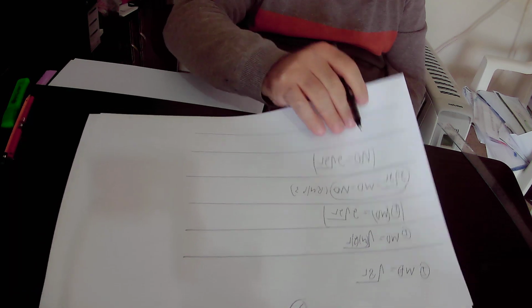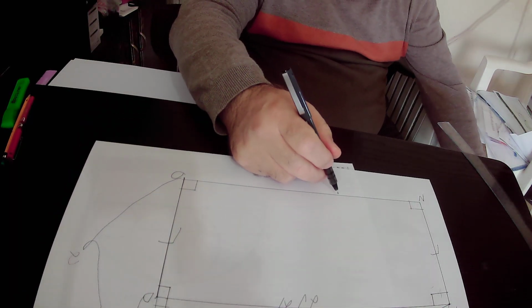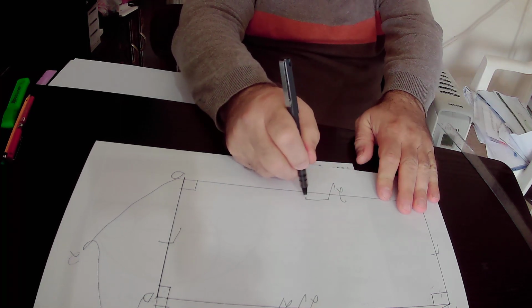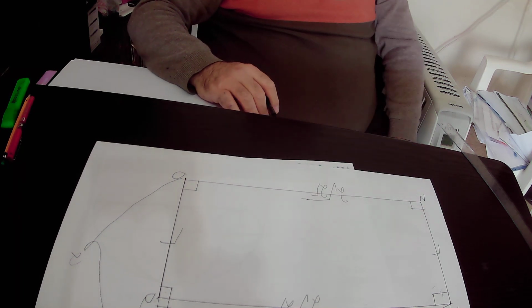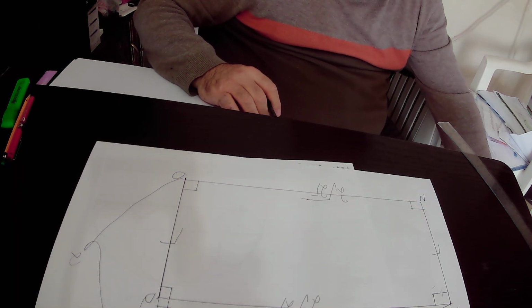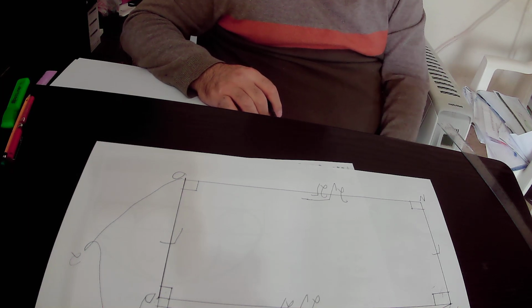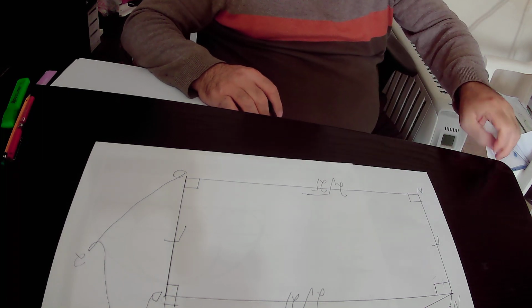So we can write here that NO equals 2 times the square root of 2R. In the next step, we will join together points M and O by a straight line.